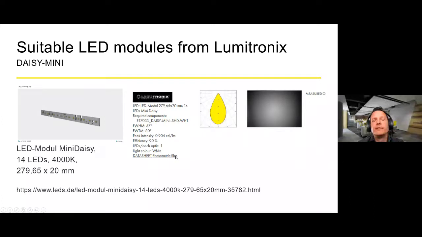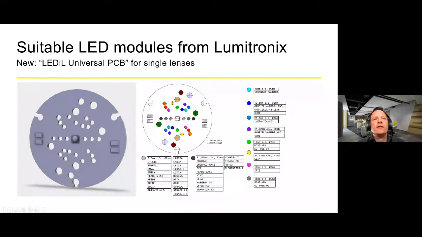Finally, usually when we have an awful lot of single optics available, it's hard to test them if you're not sure if this works for your application. So Lumitronics has designed this universal board, which has all kinds of hole locations set up. With a color code, you can identify which lenses with their pins attached would fit into which hole.